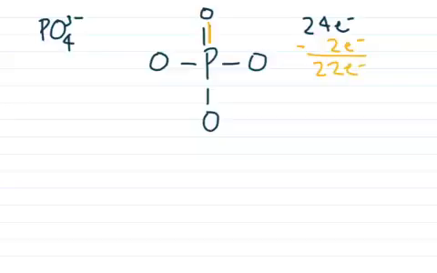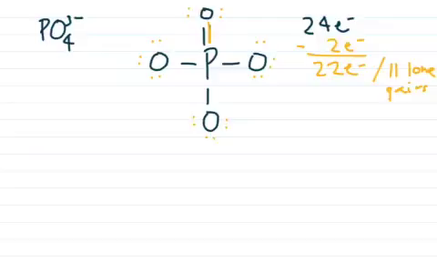So let's add these electrons in. 1, 2, 3, 4, 5, 6, 7, 8, 9, 10, 11. So this gives us 11 lone pairs, which works. So now let's check our formal charges.